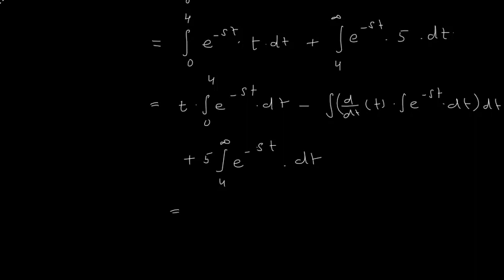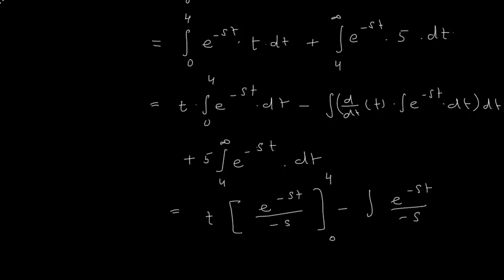Now I will integrate. So this is t, and integration of e raised to minus st is e raised to minus st upon minus s, limit is 0 to 4. Then I have minus integration of, we differentiate so we get 1, we integrate it so we get e raised to minus st upon minus s.